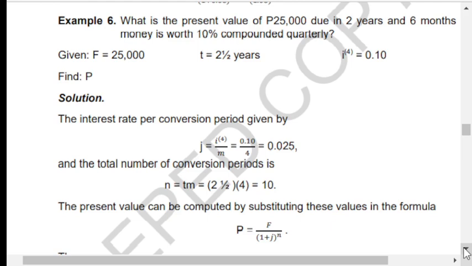Okay. So, kay quarterly man, ang imong exponent here is 4. So, we have the final amount of 25,000 pesos, then time is 2.5 years, then I to the power of 4 is equal to 0.10.